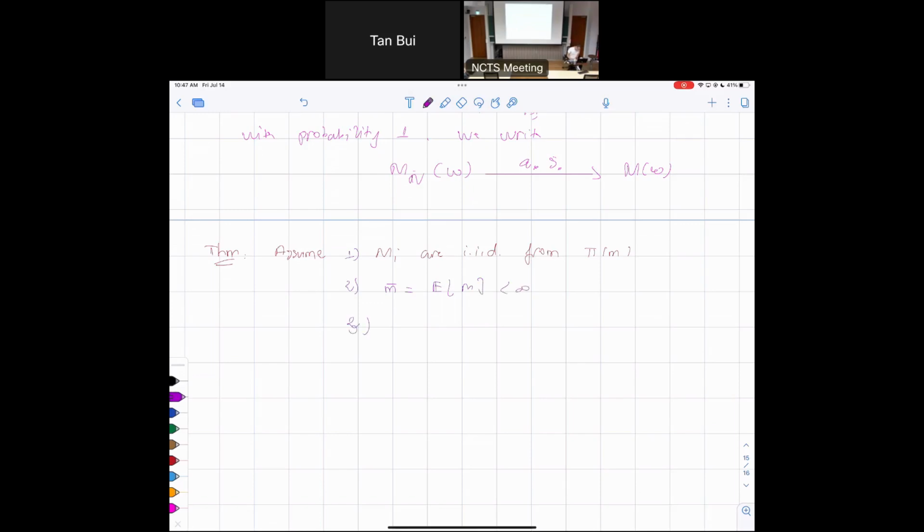Third, we assume that the variance, sigma squared, defined as the expectation of (M minus M bar) squared, is finite. This is the mean square error, the mean square distance between M and the mean.